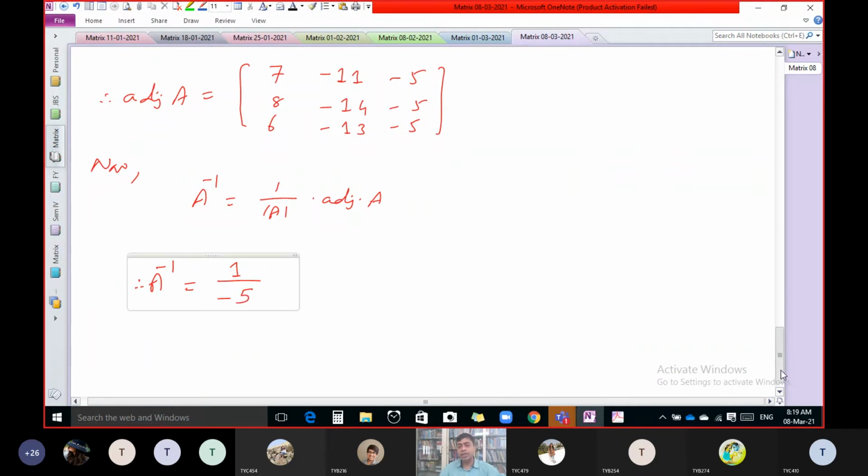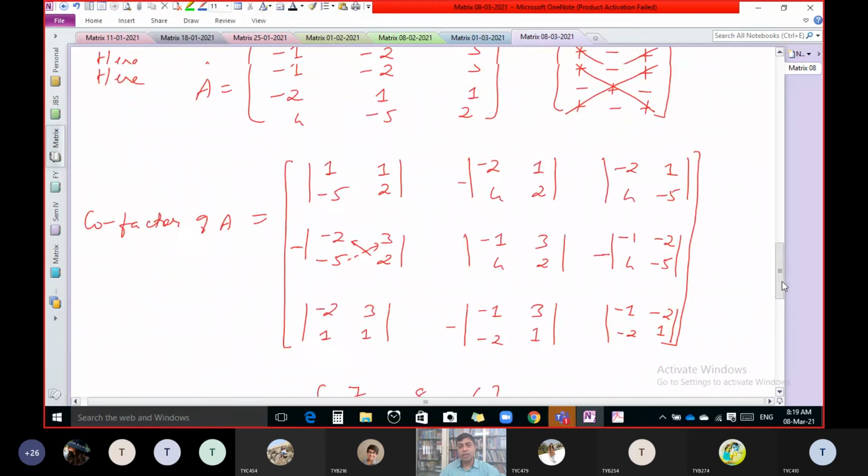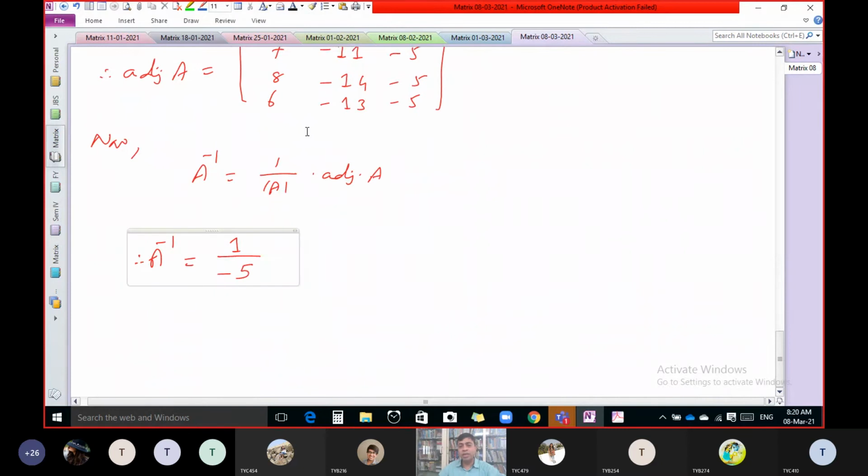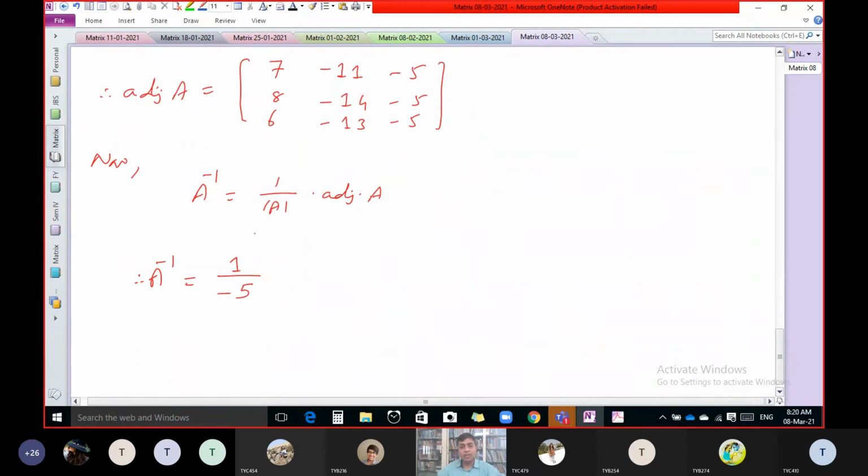Let us check it. See this, determinant of A is minus 5. Then the remaining part is the adjoint of A, and it is here. 7, minus 11, minus 5; 8, minus 14, minus 5; 6, minus 13, minus 5, and you can consider that as the final answer.